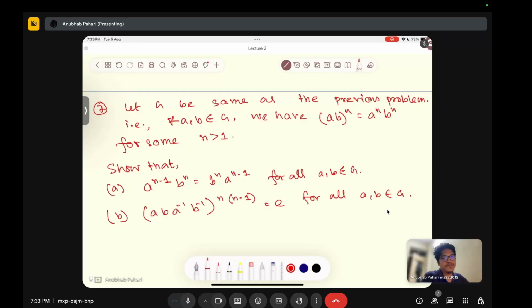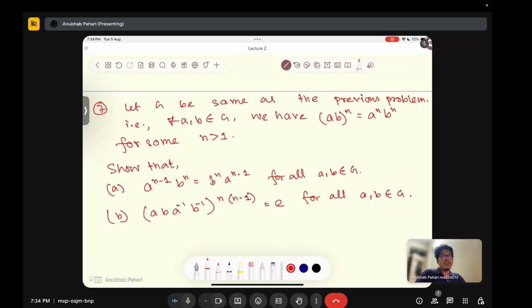And in the last question, in the b part, we have shown (ba)^(n-1) is equal to a^(n-1) b^(n-1). I have used that on the right hand side, that (ab)^(n-1) will become b^(n-1) a^(n-1).